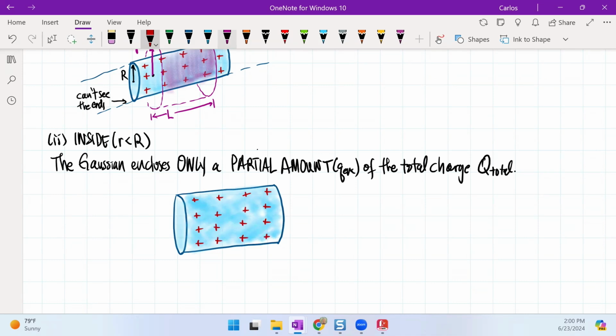Now my Gaussian is inside, and I am enclosing some of the charge, a partial charge, not the full charge. So this has Q total, and this guy has the partial Q enclosed.